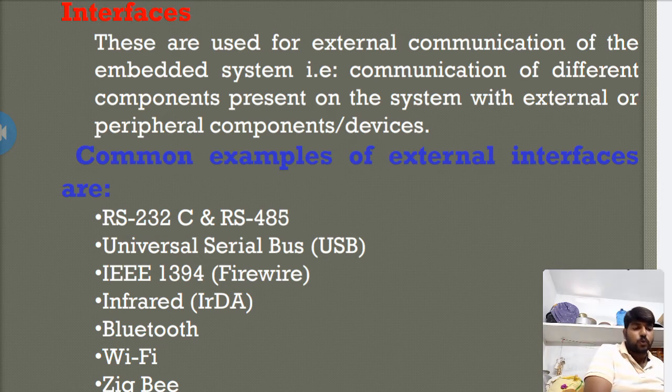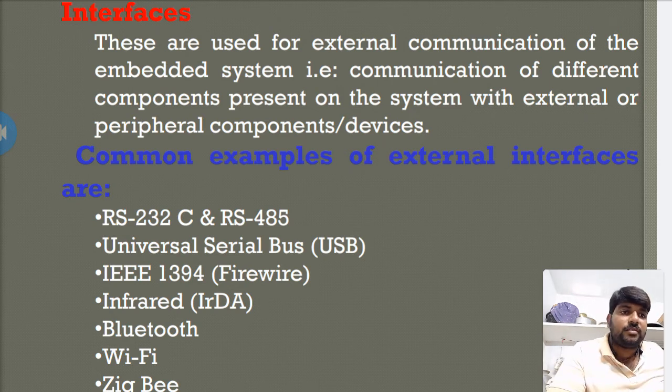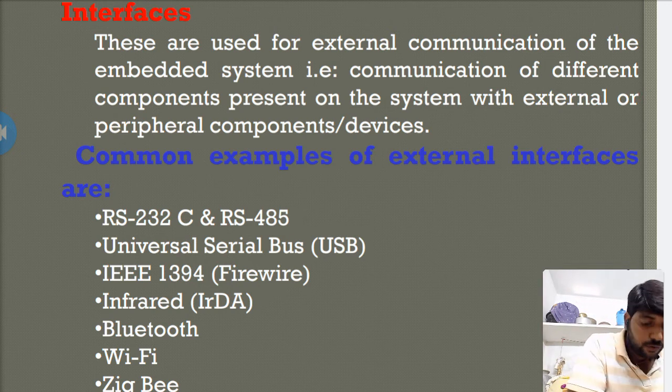Next one is Bluetooth. Bluetooth is a low cost, low power, short range wireless technology. This is also a wireless communication device, used for data and audio communication. Bluetooth was first proposed by Ericsson in 1994.